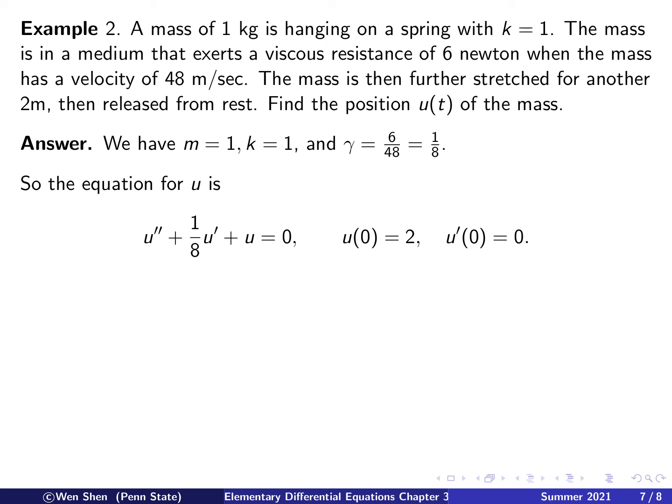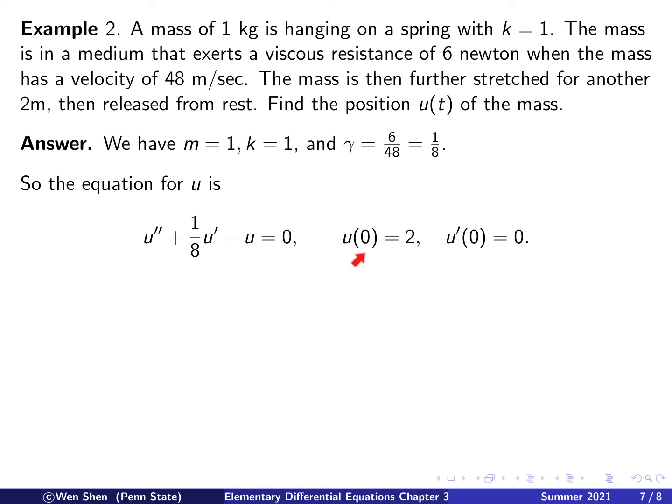Okay, now we can put these numbers in and write out the equation for u. So m u double prime, m is 1, plus gamma u prime, gamma is 1/8, plus k u, k is 1, equals 0. There's no external force. Now we need to identify the initial conditions.